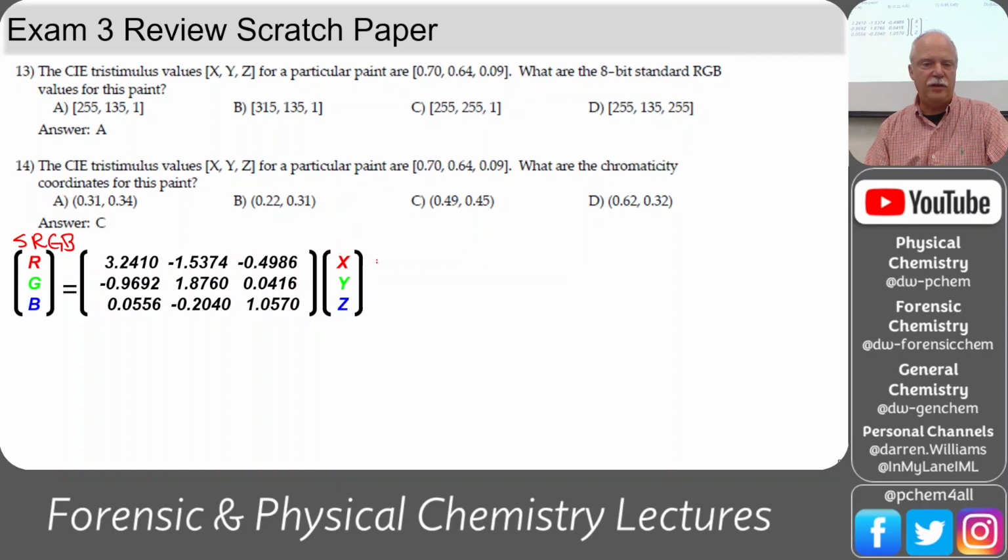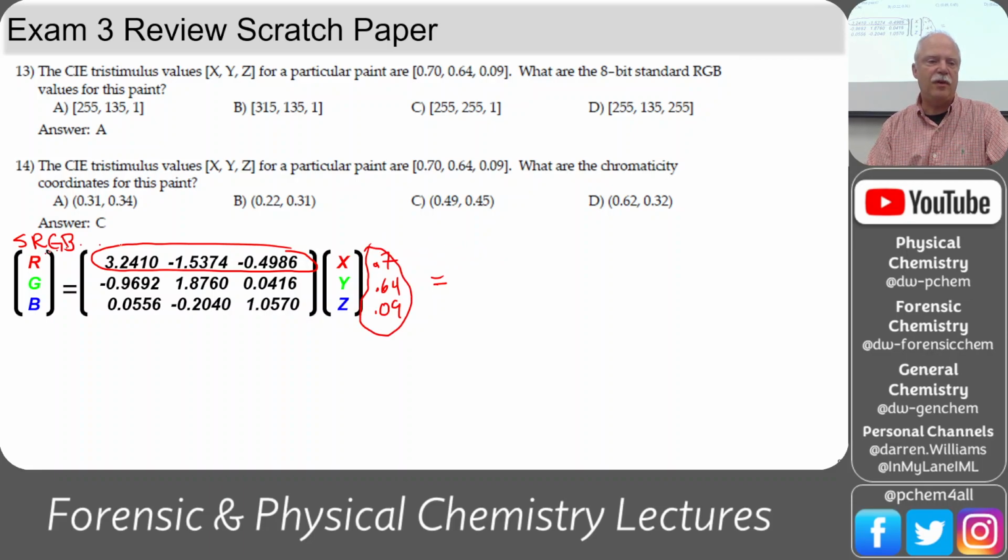The X value is 0.7, the Y value is 0.64, and the Z value is 0.09. So that's our XYZ values. The way this works is that you take this row and you multiply by this column, and add it together.